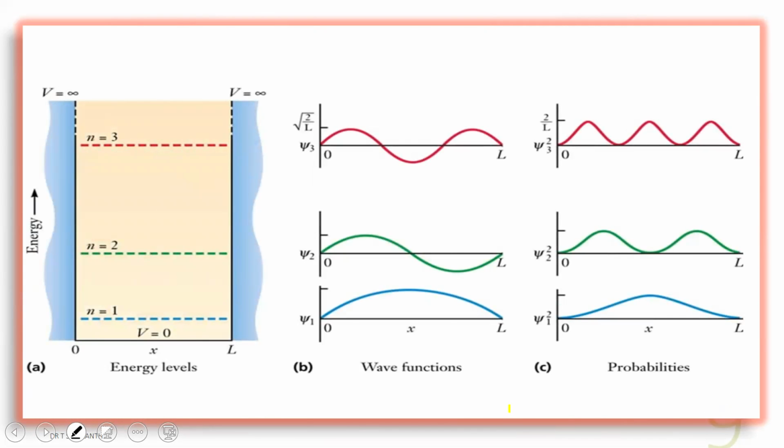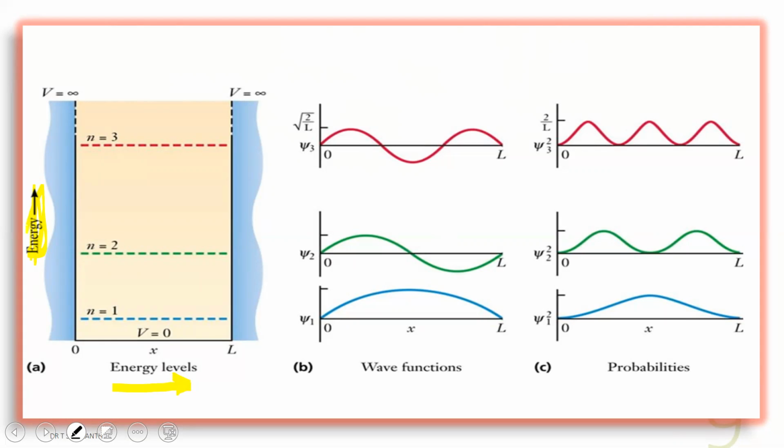if we draw a graph of energy versus energy levels, then we will get the first diagram, that is the A diagram. In the A diagram, it is observed that this is the x-axis, where the potential box is parallel to the x-axis. And here we have different energy levels. Our formula is E is equal to n square h square by 8m L square.